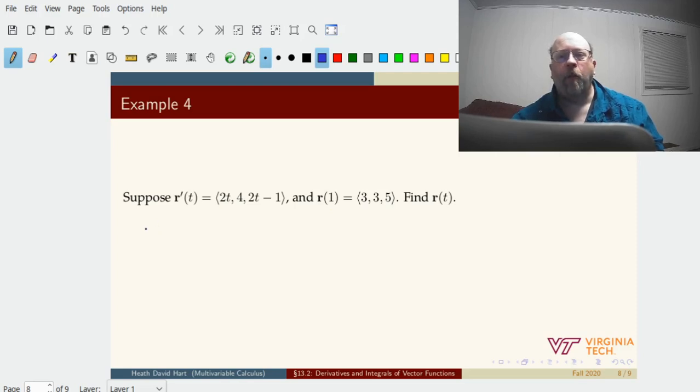So what we want to do is integrate the vector function 2t, 4, 2t minus 1 dt. The integral of 2t is t squared plus a constant. The integral of 4 is 4t plus a constant. And the integral of 2t minus 1 is t squared minus t plus a constant.